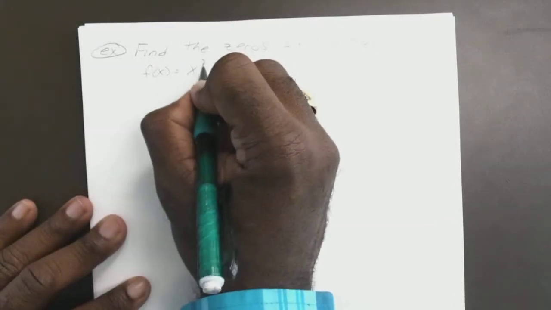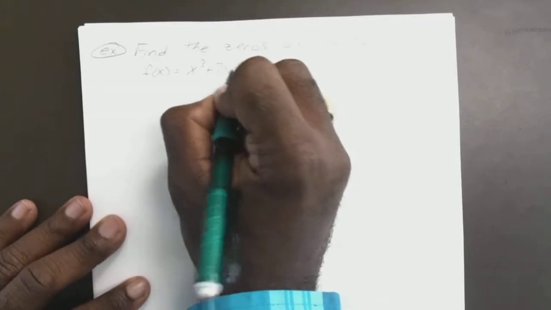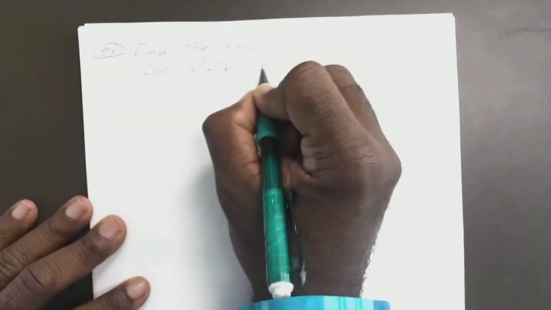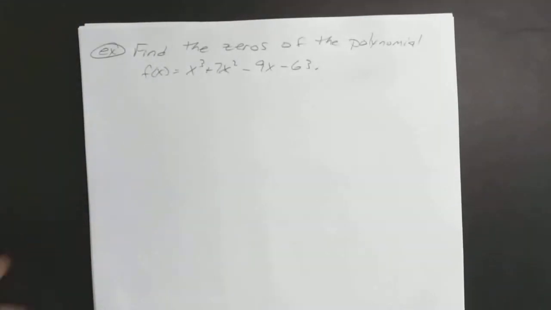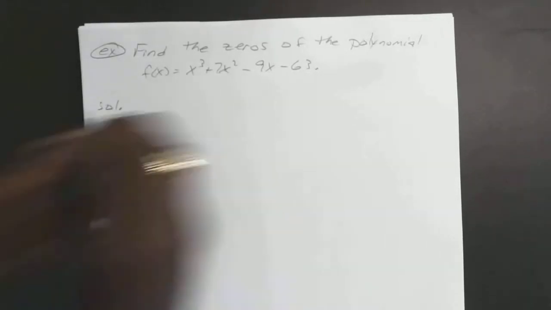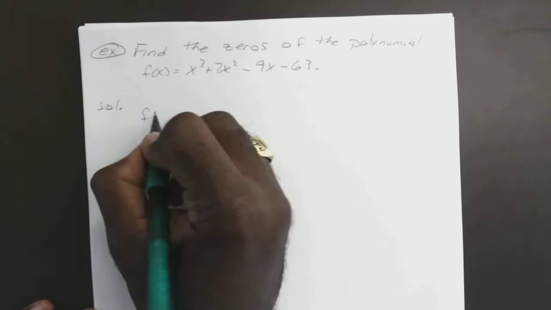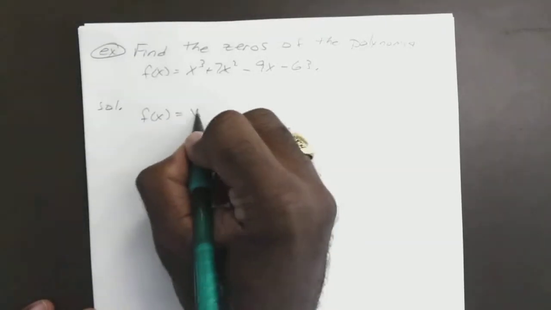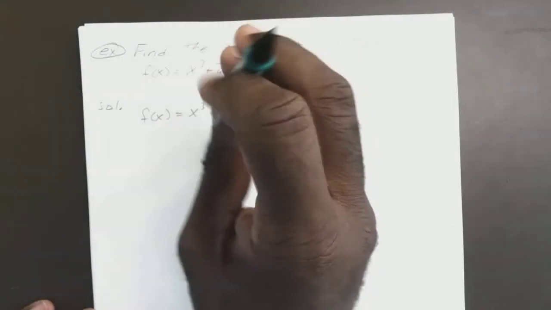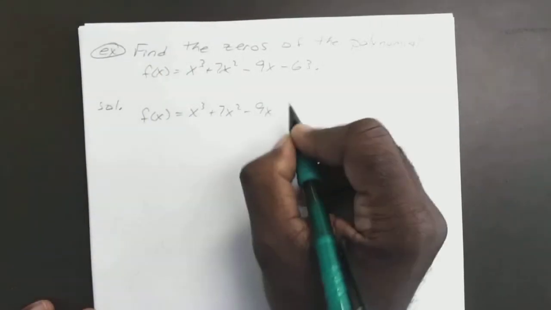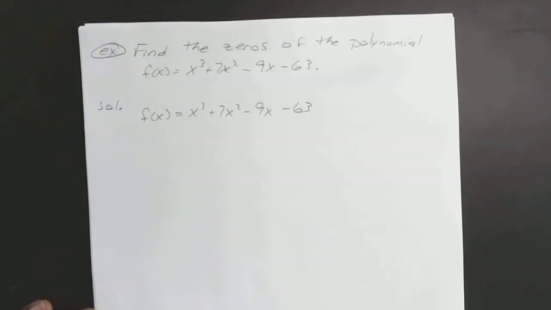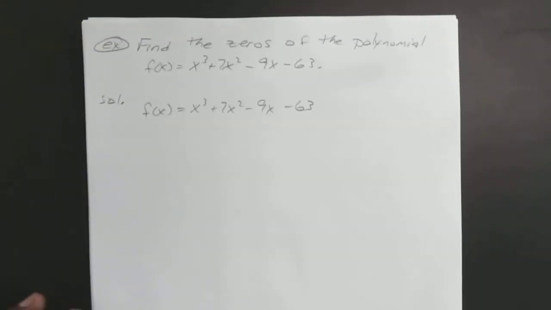Say f of x is equal to x to the third plus 7x squared minus 9x minus 63. Okay, let me just rewrite that. Plus 7x squared minus 9x minus 63.